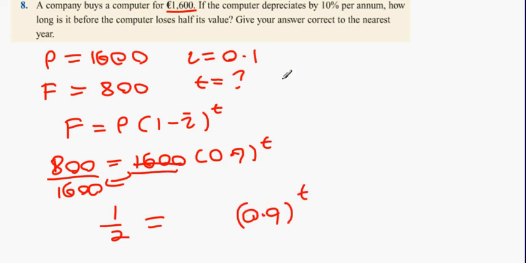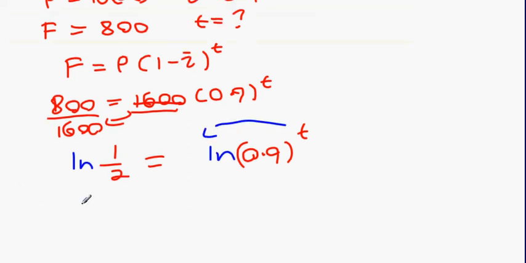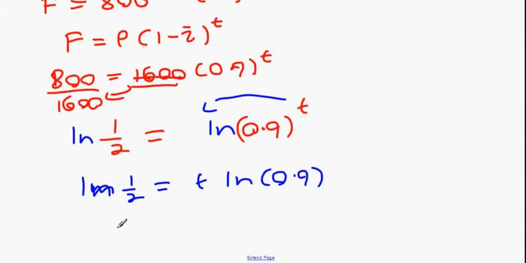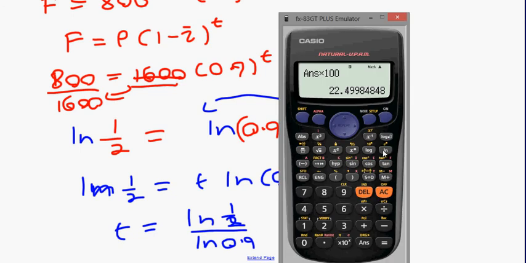Now we take ln of both sides, then bring the t forward, so we get ln a half equals t ln 0.9. Bring the ln 0.9 underneath, so t equals ln a half divided by ln 0.9.